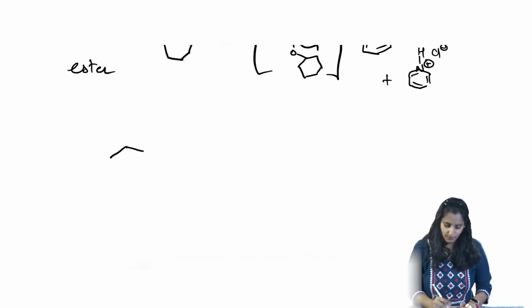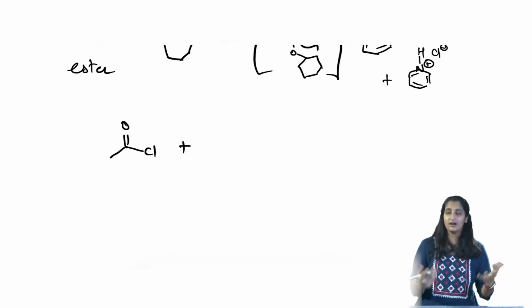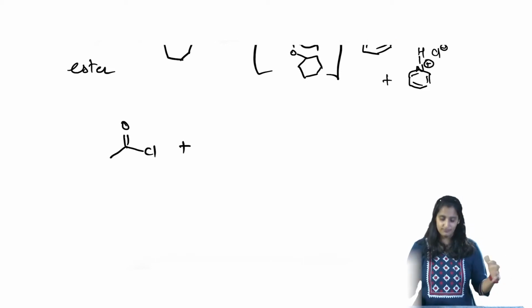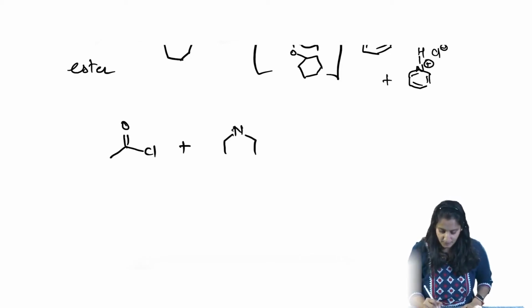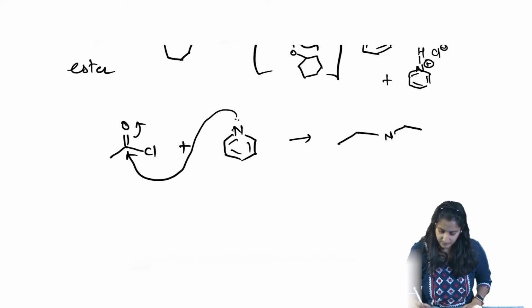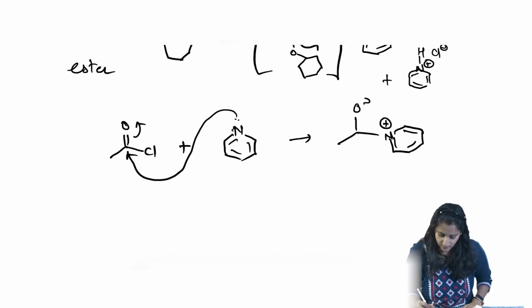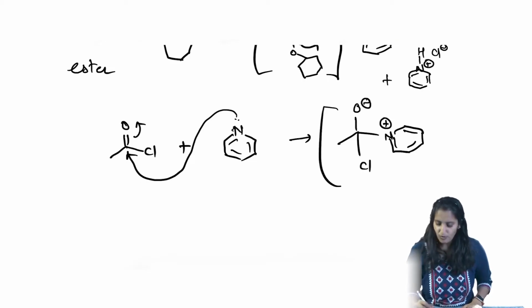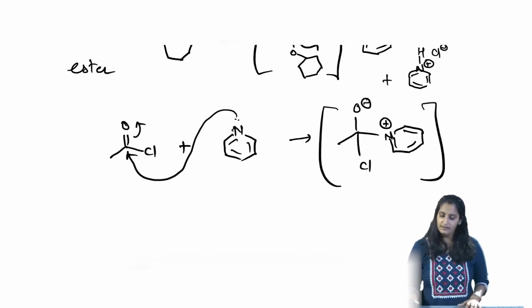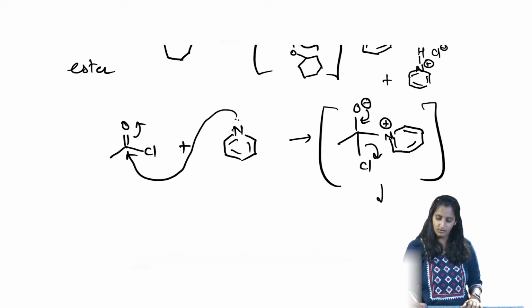And what is that? In the first step, instead of the alcohol attacking, remember, you have solvent molecule as the pyridine molecule, and it is a lot of pyridine. So, what happens is, in the first step, instead of the alcohol reacting, you have pyridine reacting to form this tetrahedral intermediate, and actually this kicks off the chlorine to form the starting molecule is this.